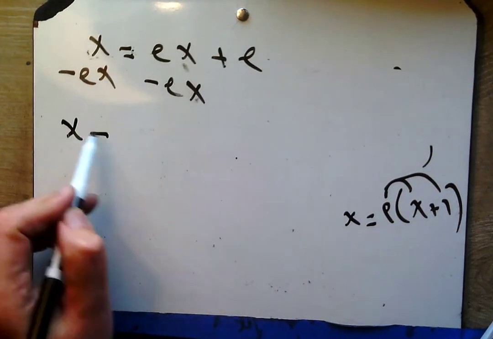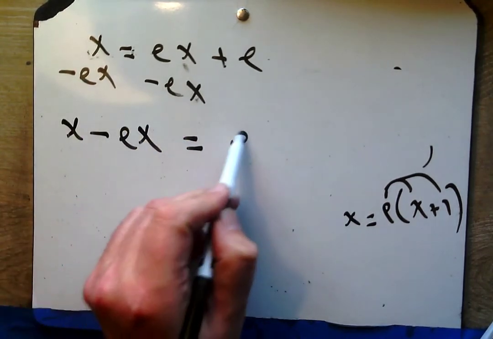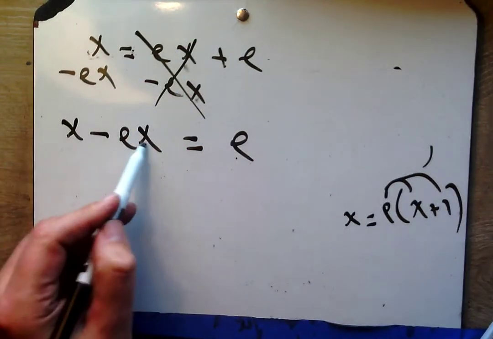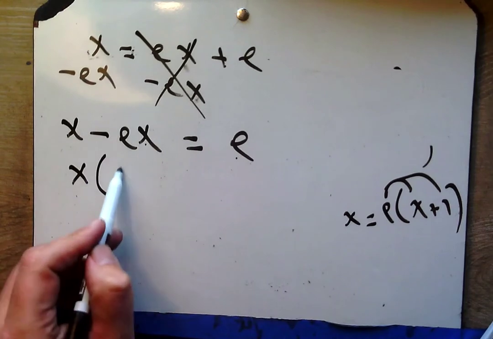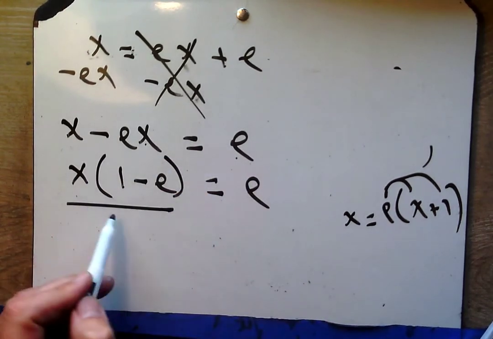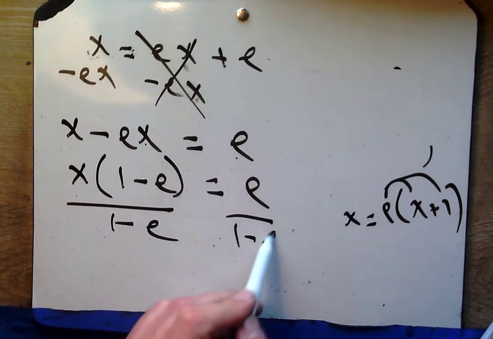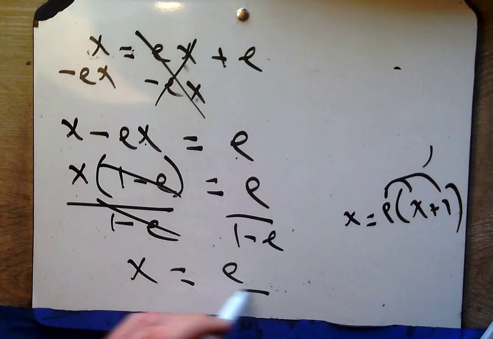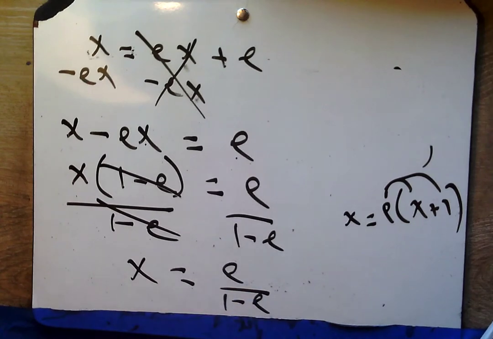So I get x minus ex equals e, because these are gone. Here I can factor out an x and be left with x times (1 minus e) equals e. And to get x by itself, I need to divide. So x equals e over 1 minus e.